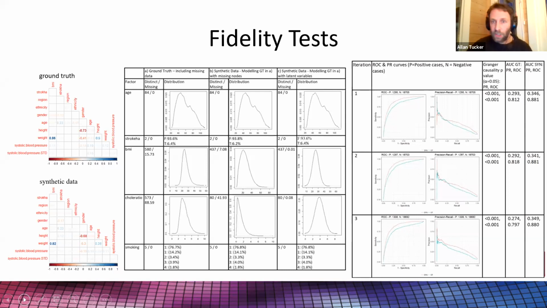And these are ROC curve analysis and precision recall analysis for a number of different machine learning classifiers. And what we found was a great deal of overlap, not just in terms of the areas under the curves, so the accuracies, the sensitivities, and the specificities, and the recall and precision, but also in the general shapes of these curves too. So we seem to be capturing quite a lot of the nuances when it came to actually developing and assessing real machine learning classifiers using our synthetic data sets. Okay, next slide, please.